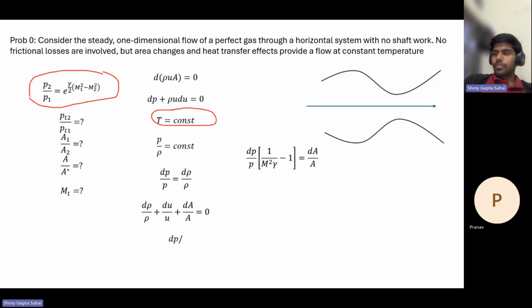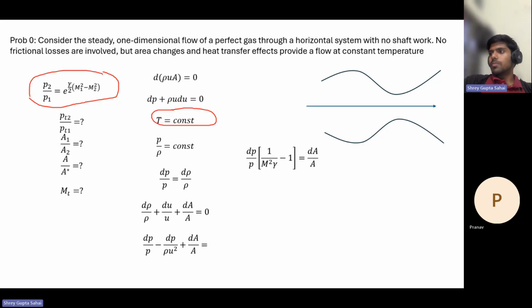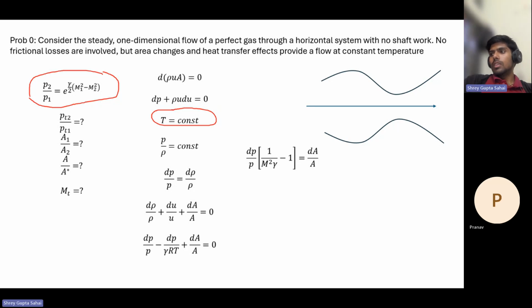We have dp by p plus, so du becomes minus dp by rho u, by u is dA by A. Rho u square again, I can write it as gamma RT. Rho RT is P, so gamma P.